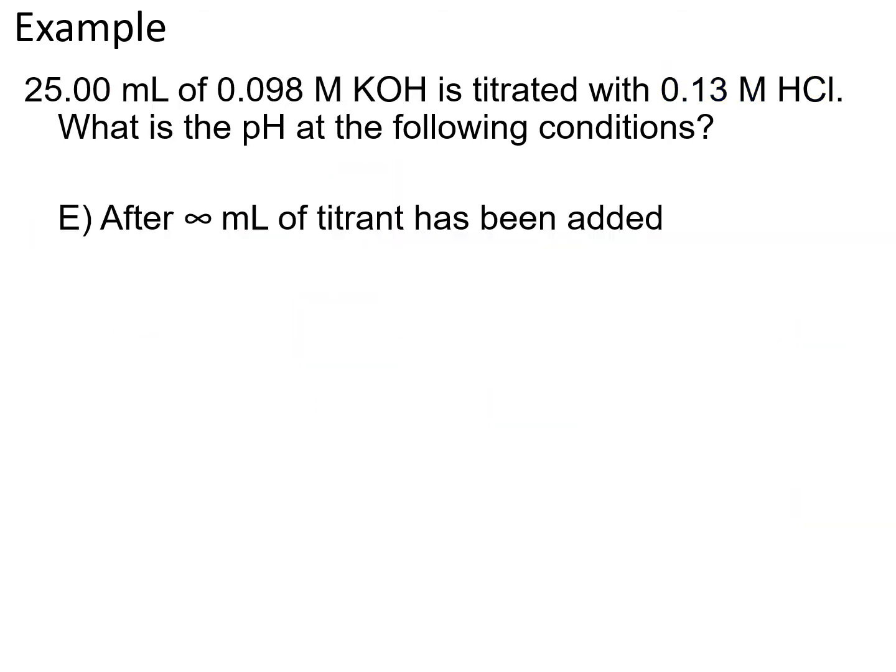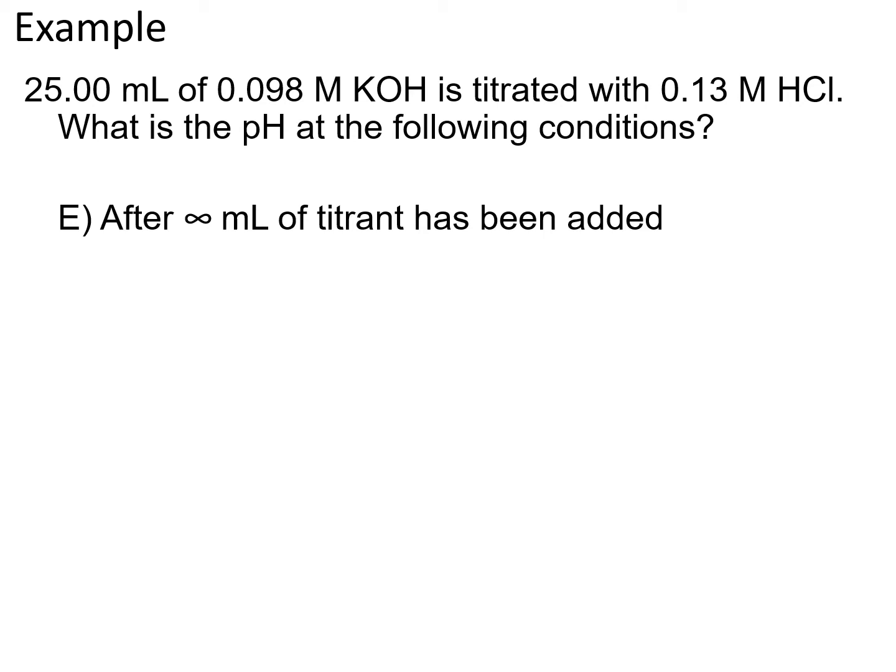One more question with this titration. If I start to add infinity milliliters of titrant, remember that effectively means that my 25 milliliters of base solution is going to be completely reacted. It's almost going to completely disappear.